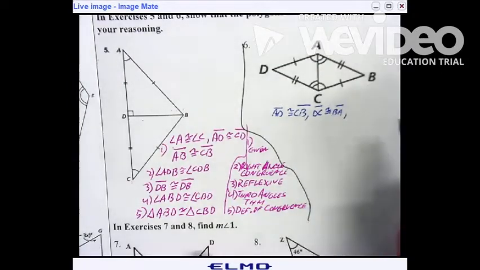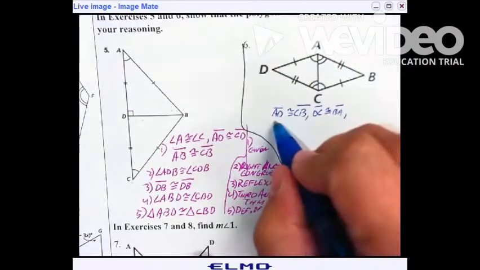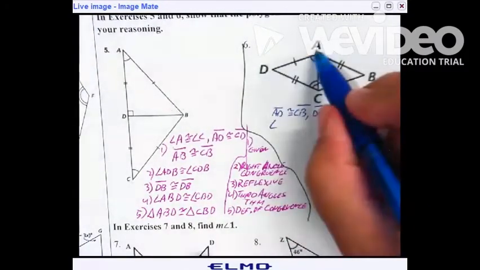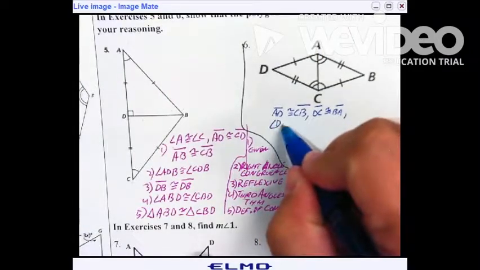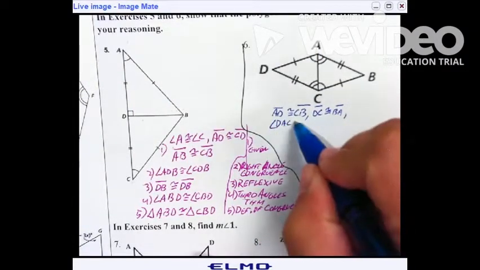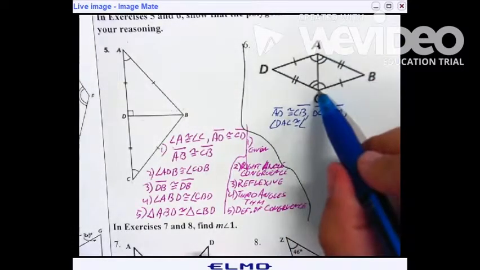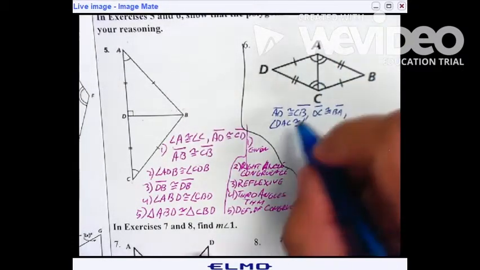I've got some angles though. All right, so angle, A is my vertex, so DAC, angle DAC is congruent to angle, that would be this angle here, so that would be BCA.